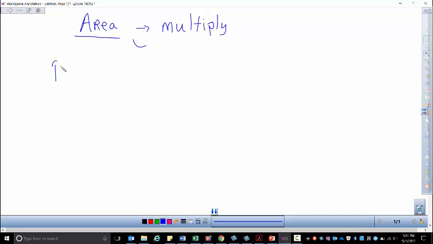So let's start with a rectangle. A rectangle has 4 sides. And let's say that this side is 3 inches and this side is 5 inches.